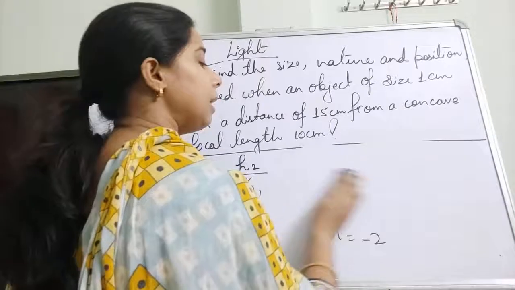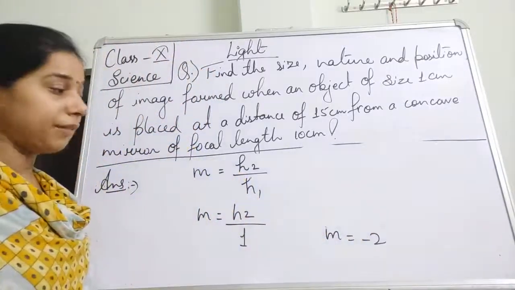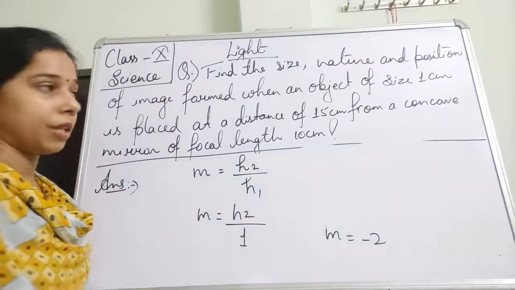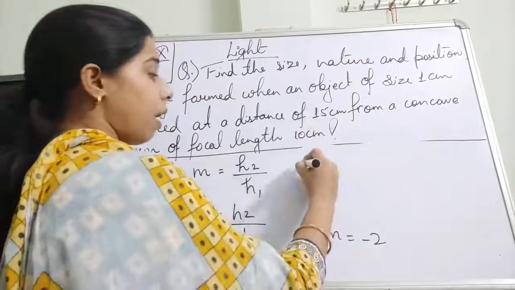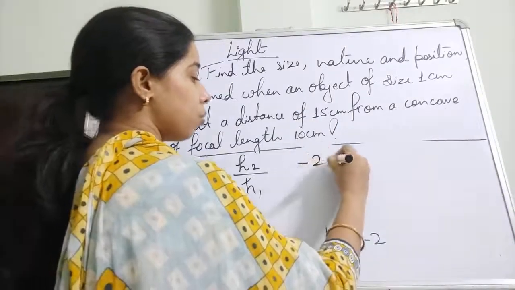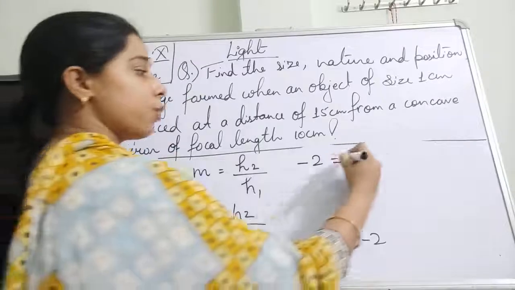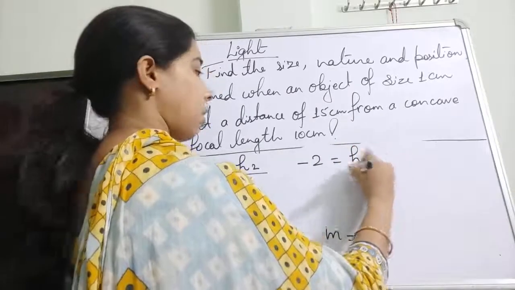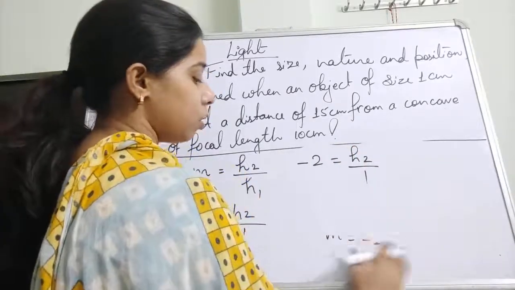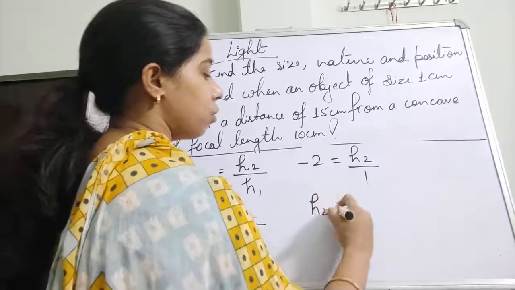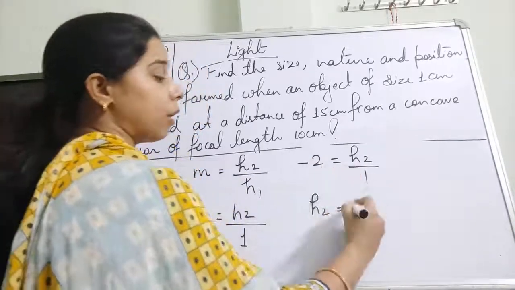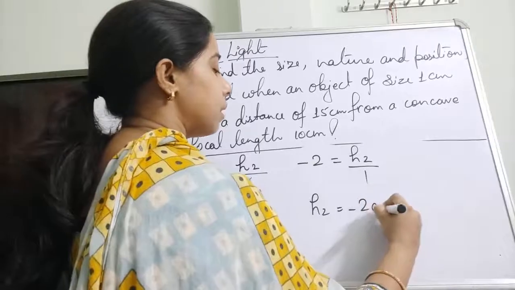Now it will be easier to put the value and find the height of the image. So m is equal to minus 2, so minus 2 is equal to h2 upon h1, that is h2 upon 1, or h2 is equal to minus 2 into 1, which is minus 2 centimeter.